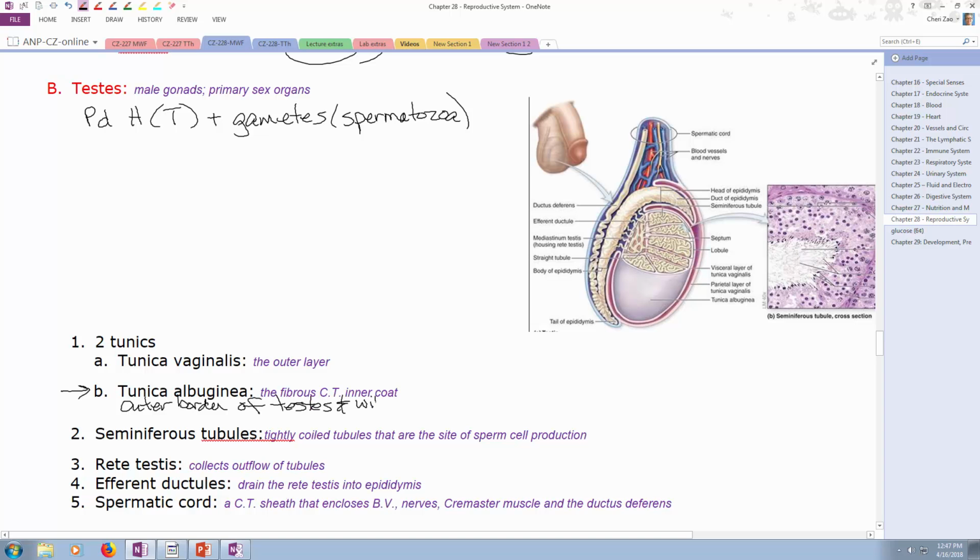and will have septations, which are extensions of that CT going into the testes to subdivide it into lobules, of which there are about 300 per testis.